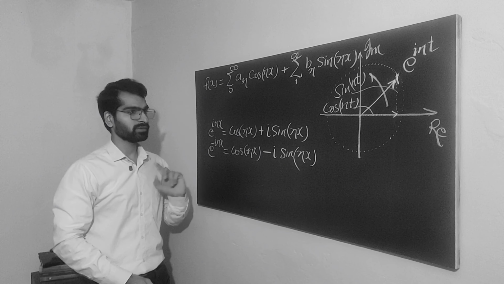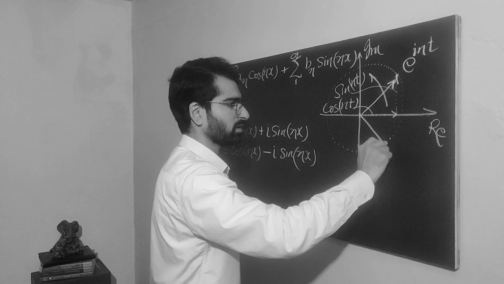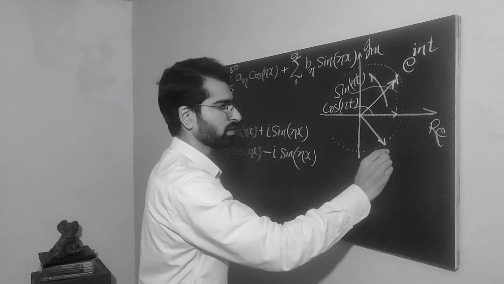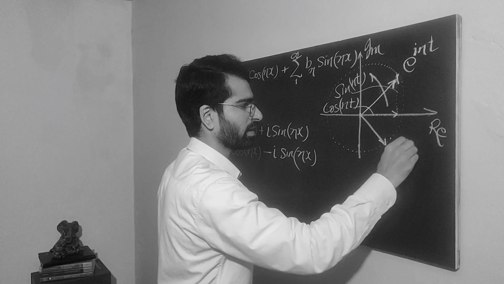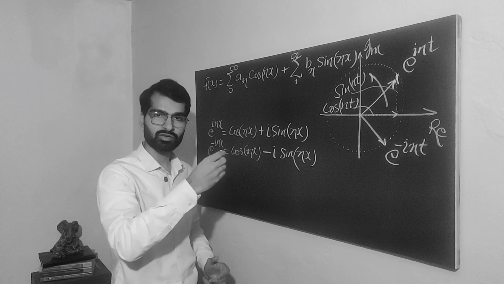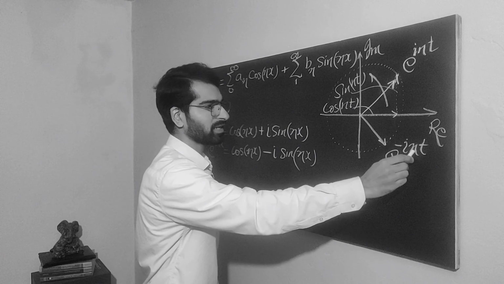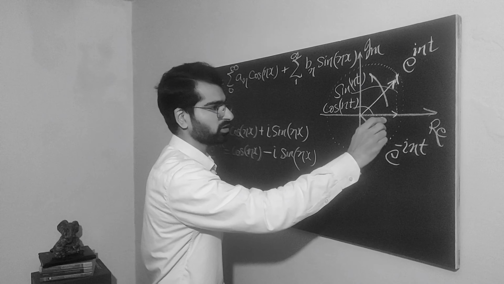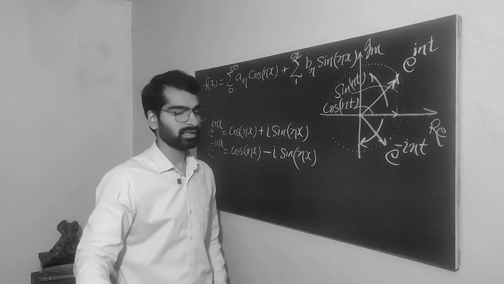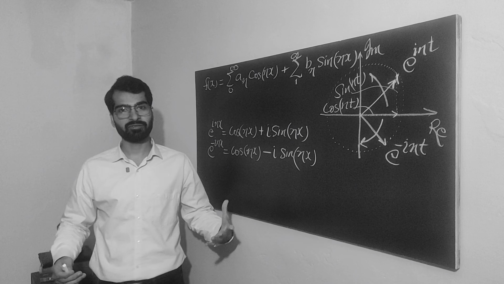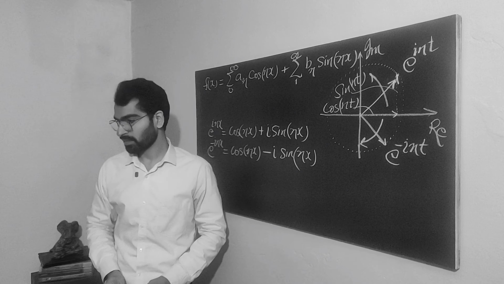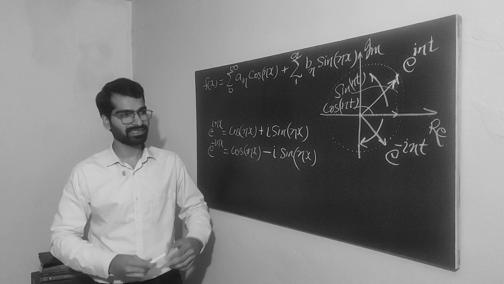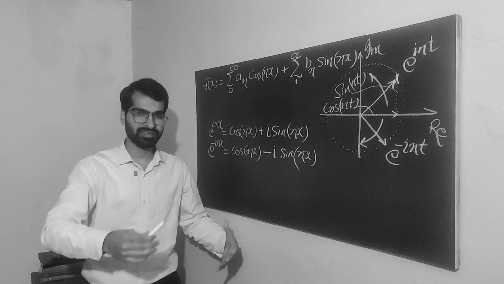What about this one? Well, this could represent a point here, or the vector at some moment in time, e to the minus i n t, and this is going to rotate with the negative frequency, negative n. Negative means it's going to rotate like this. That's the meaning of having the negative frequency in the complex plane. But you must know there's nothing really negative about that. It's just that this vector is going to rotate in the opposite direction.